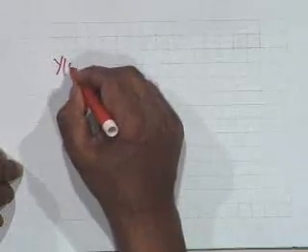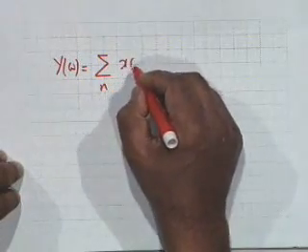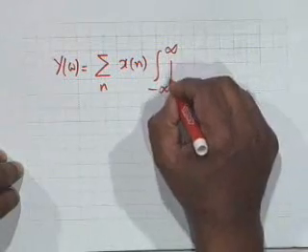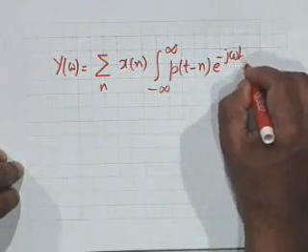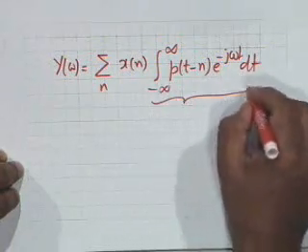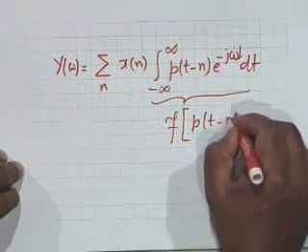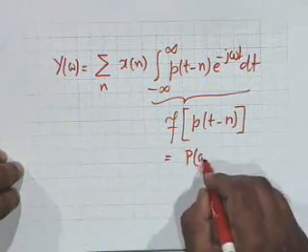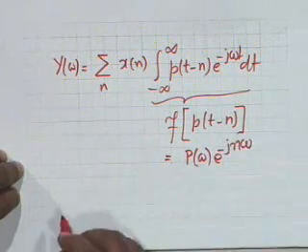Therefore capital Y of omega is equal to summation over n, x of n remains like this, integral from minus infinity to infinity of p of t minus n e to the minus j omega t dt, and you recognize this as the Fourier transform of p of t minus n, a delayed function, and therefore this is capital P of omega e to the minus j n omega.